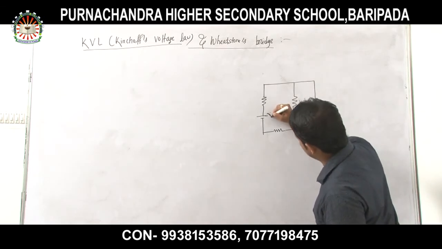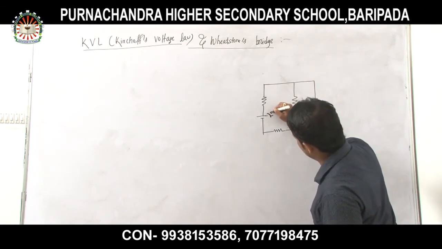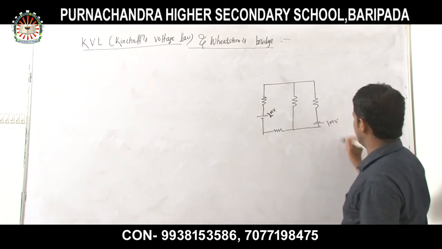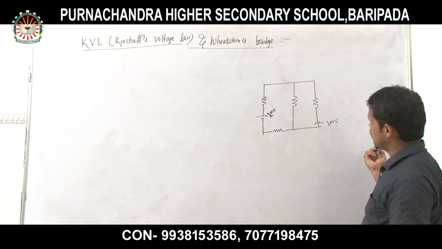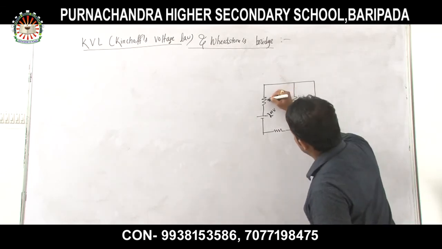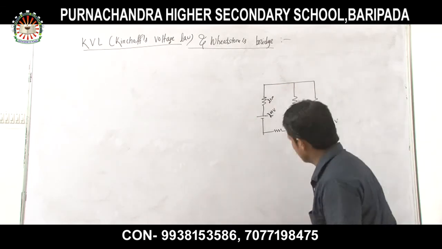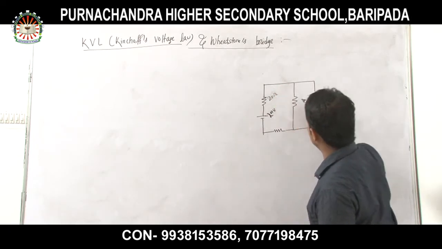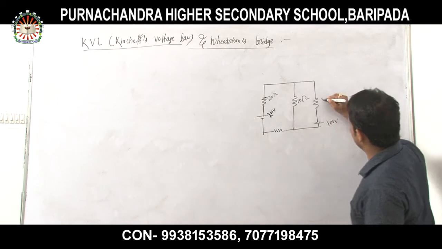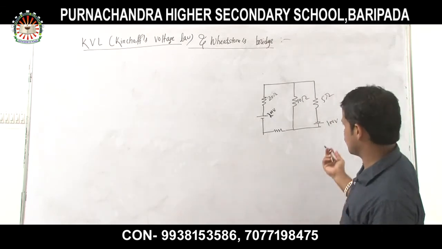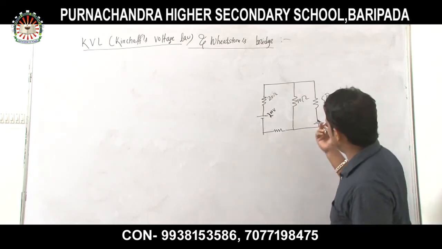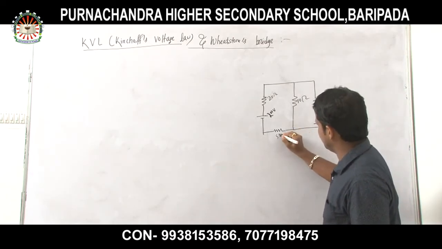Suppose I take this as 200 volt, and this as 100 volt. You can take anything. This is 20 ohm, this is 20 ohm, this is 10 ohm, this is 5 ohm. Very simple. And suppose this is again your 5 ohm.